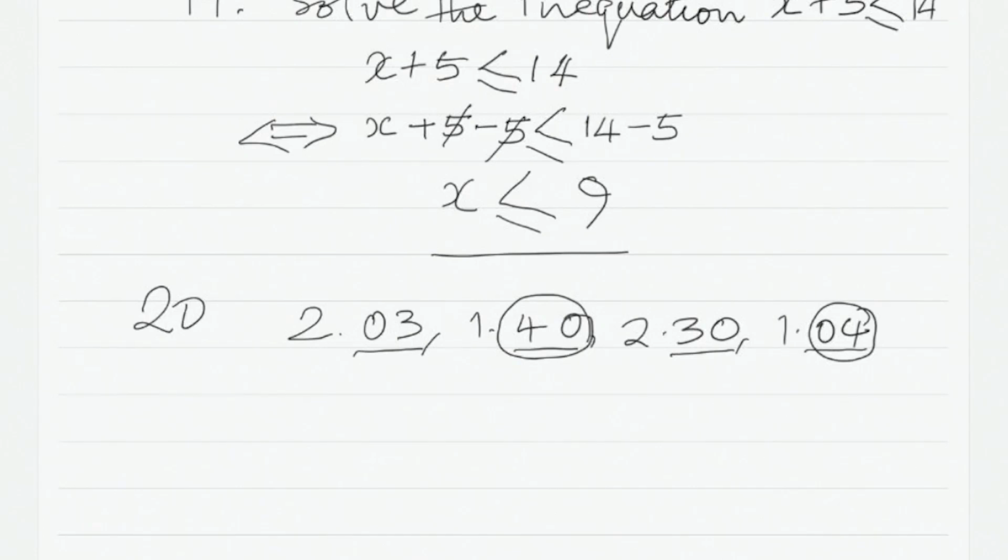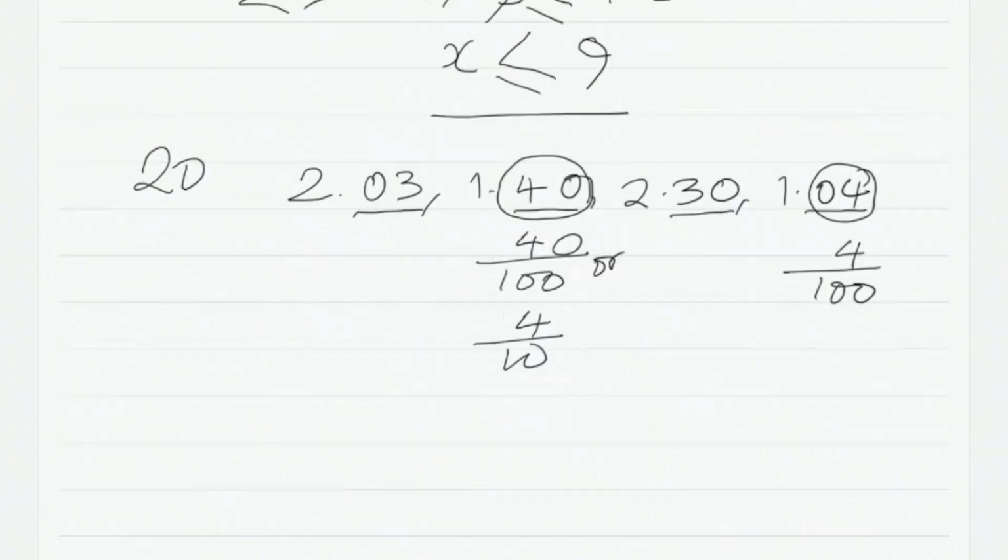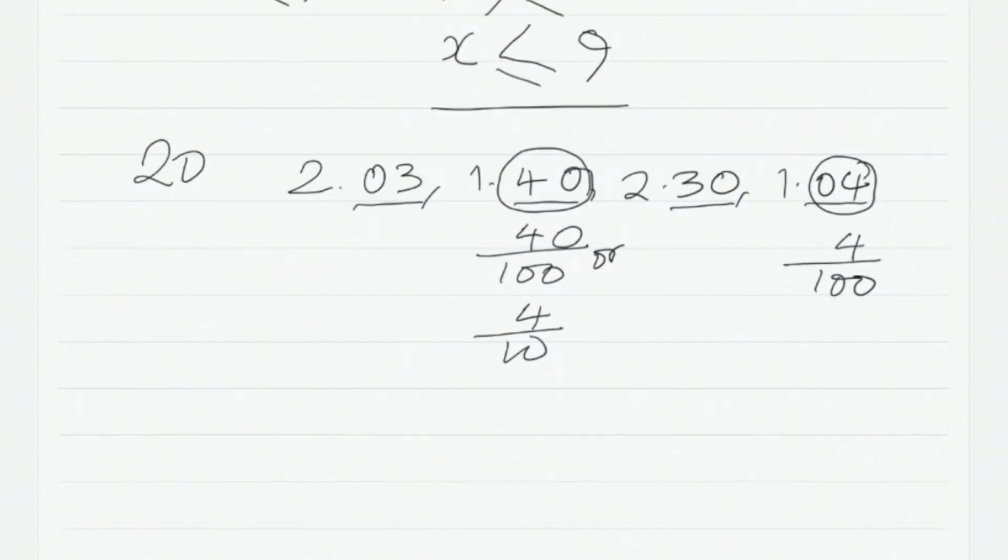So now we have 1.04 and 1.40, meaning if we are to write these as fractions, this one is going to be 4 over 100. This one is going to be 40 over 100 or 4 over 10, meaning this one is bigger than that one. So when we have to arrange it, we shall arrange it in this form.